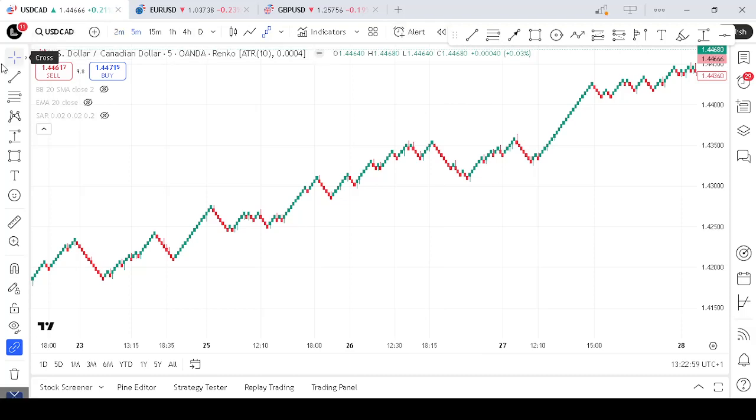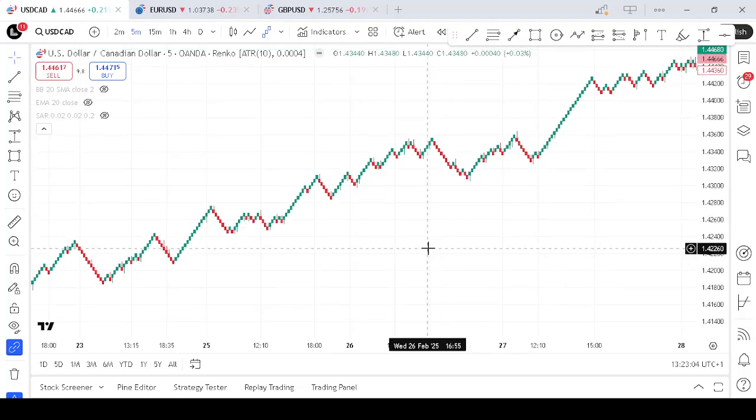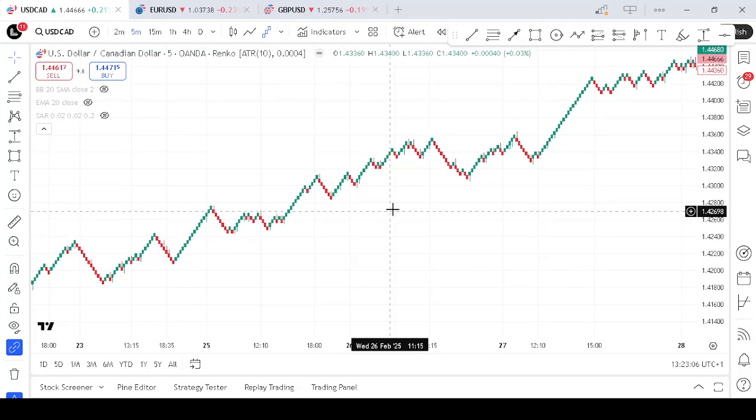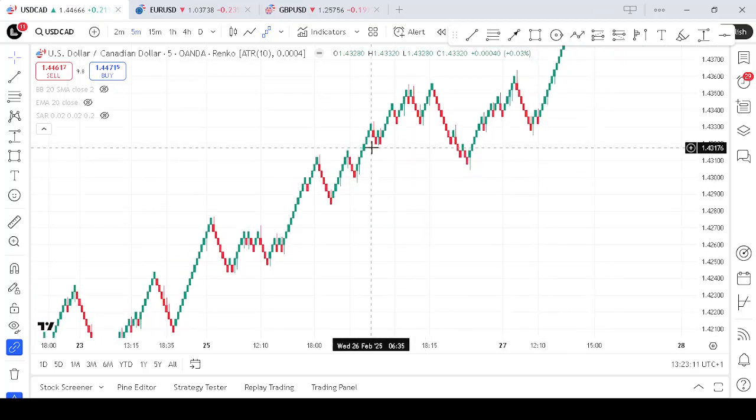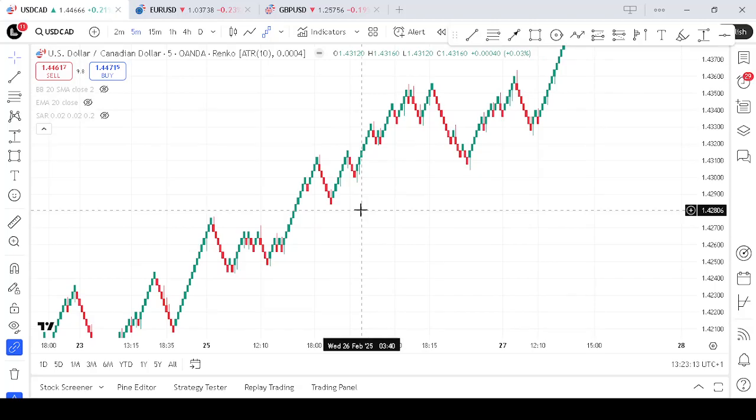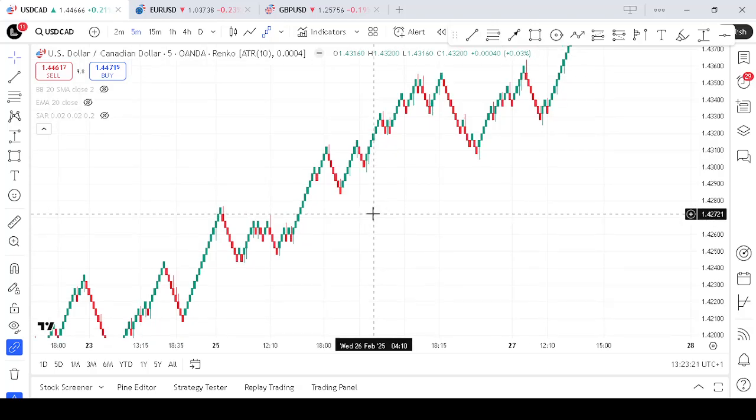If the price moves up by 10 pips, a new green brick, or white brick if you are using a white chart, will be formed. But I'm using a green chart, so I will make use of green bricks. So if the market moves up by 10 pips, a new green brick is added. If it moves down by 10 pips, a new red brick is added.